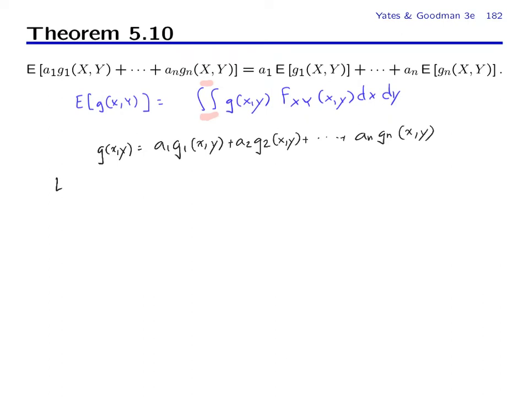And then the expected value of g of x and y is the expected value of a1 g1 of x and y plus, all the way up to, an gn of x and y.